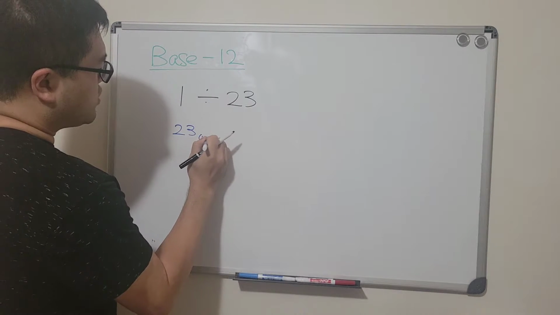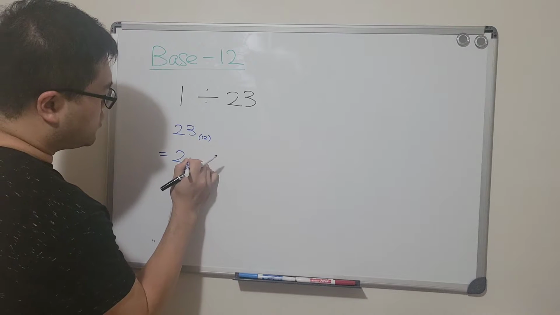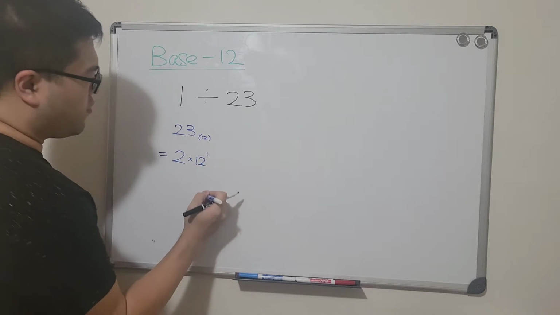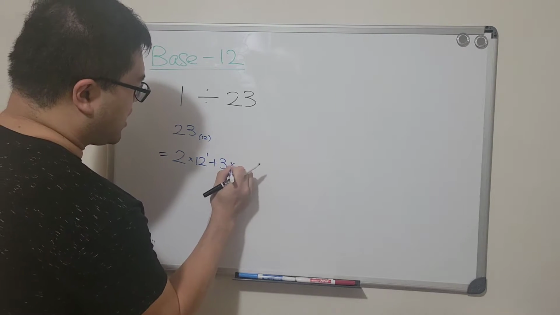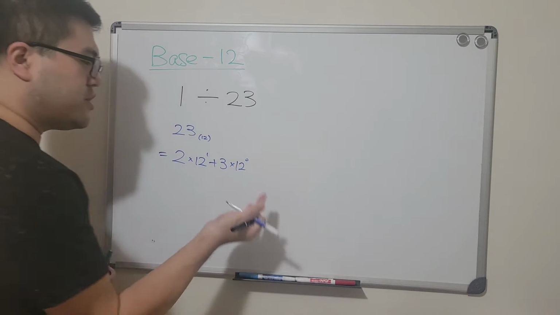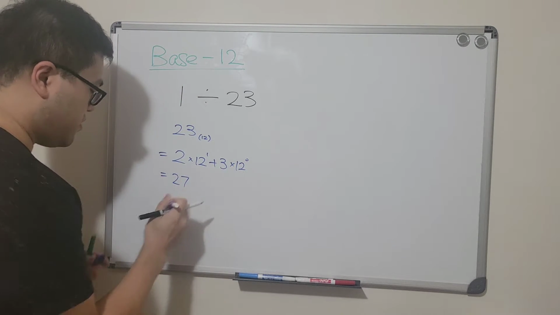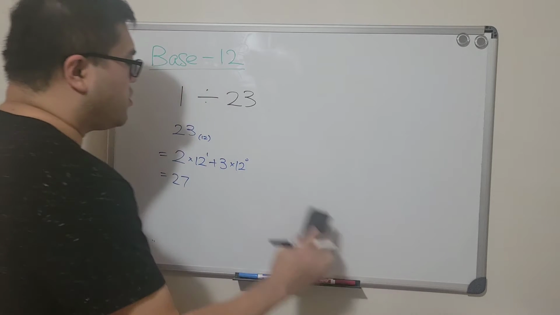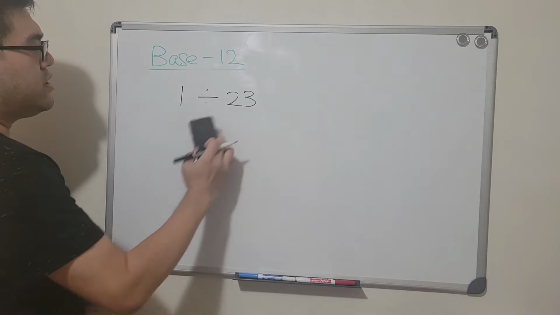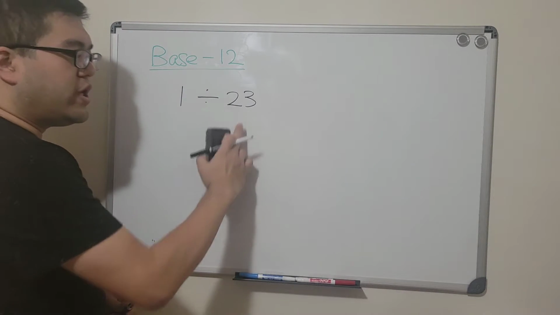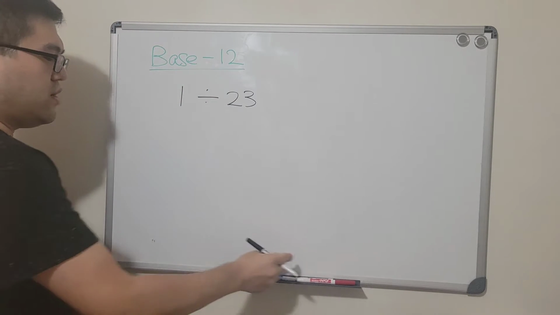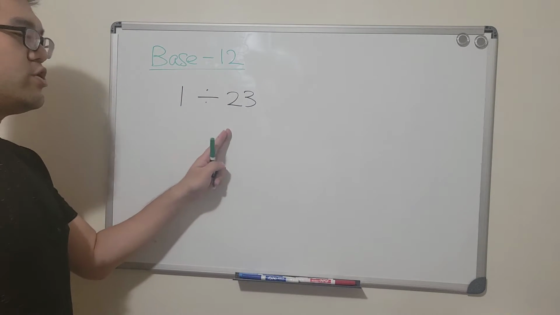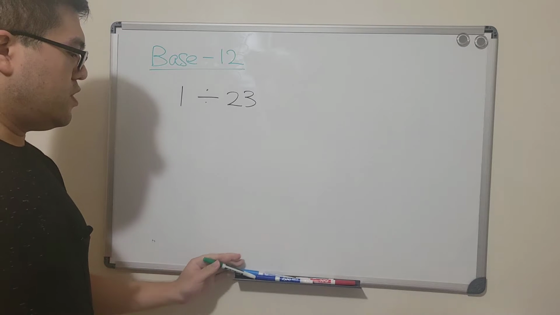Well, 23 in base 12 means we have 2 copies of 12 to the first power plus 3 times 12 to the 0th power, which is 1, giving us 27. So in our notation here, even though we see 2, 3, it is actually referring to the number 27.